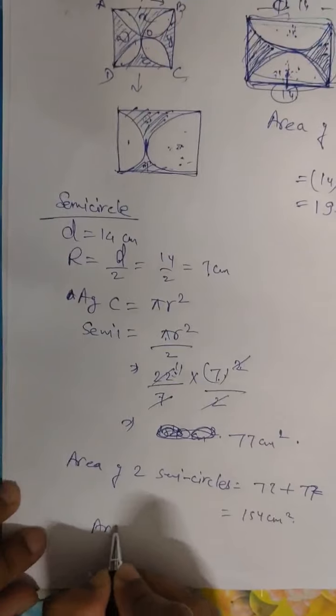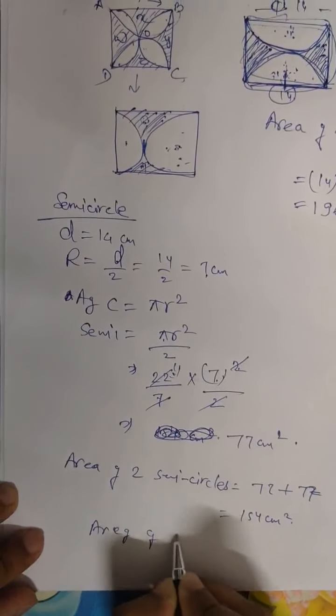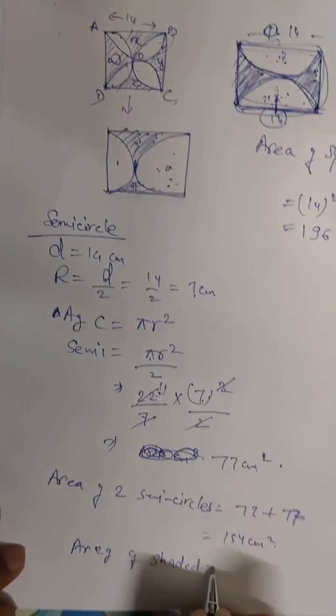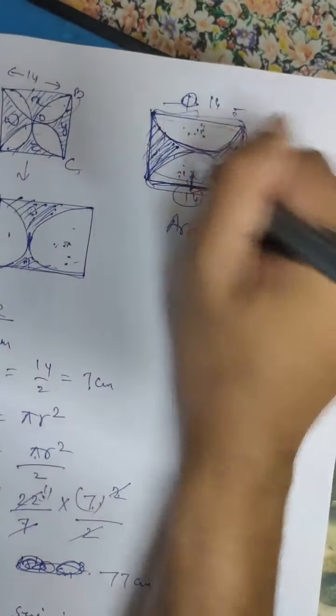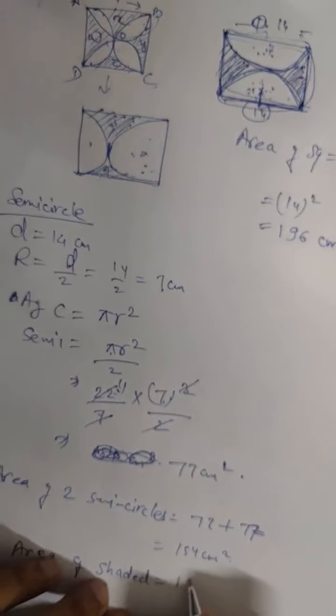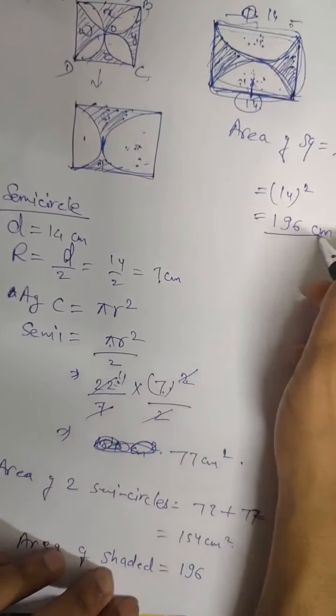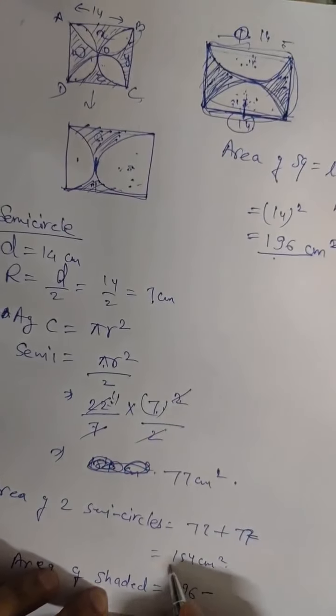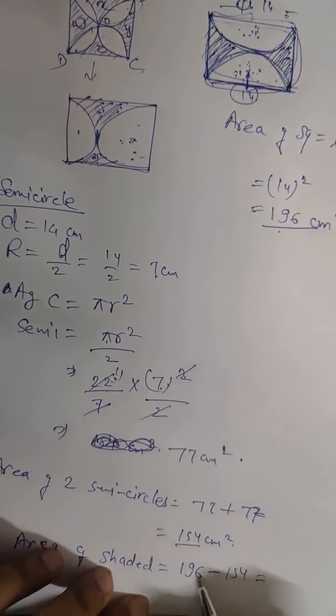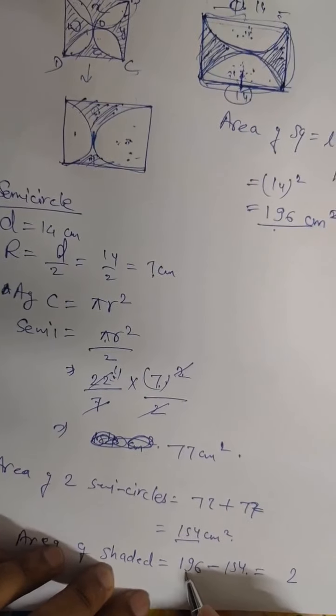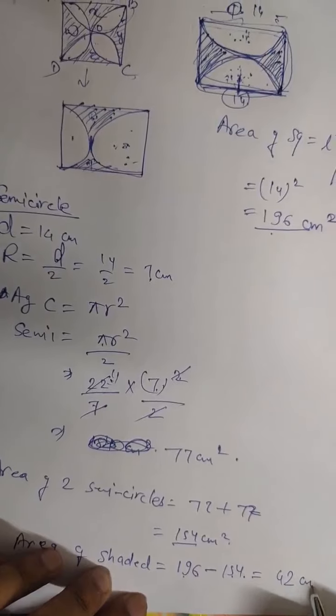So the area of the shaded region equals the area of the square minus the area of these two semicircles. So the area of the square is 196, we calculated here already. 196 minus 154 will give us 42 centimeter square.